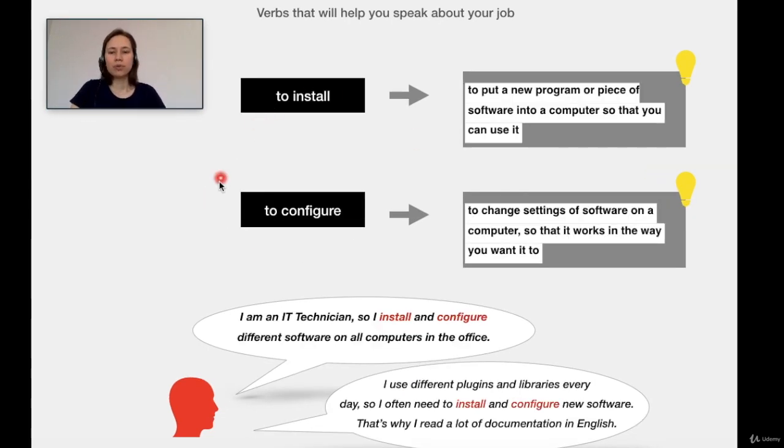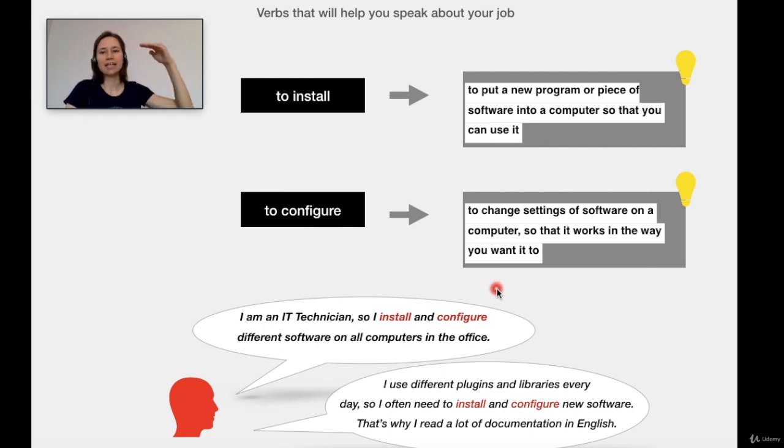The next pair of words is to install and to configure, which usually go together. Yeah, you all know what to install means. It means to put a new program or a piece of software into your computer so that you can use it. And usually when you install something, sometimes you need to configure this program. To configure means to change settings of software on a computer so that it works in the way you want it to work.